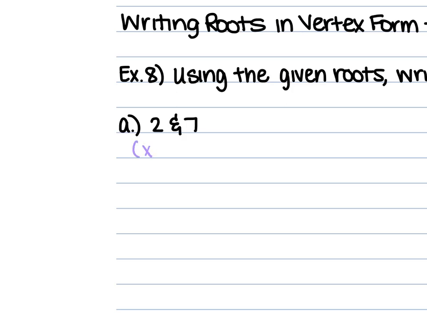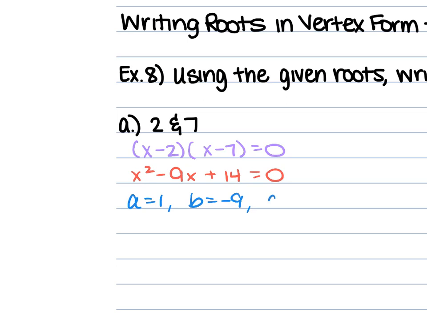So this is going to be x minus 2 times x minus 7 is equal to 0. We're going to FOIL it out, get x squared minus 9x plus 14 is equal to 0. From here, your a is 1, your b is negative 9, your c is 14. You're using x is equal to negative b over 2 times a.